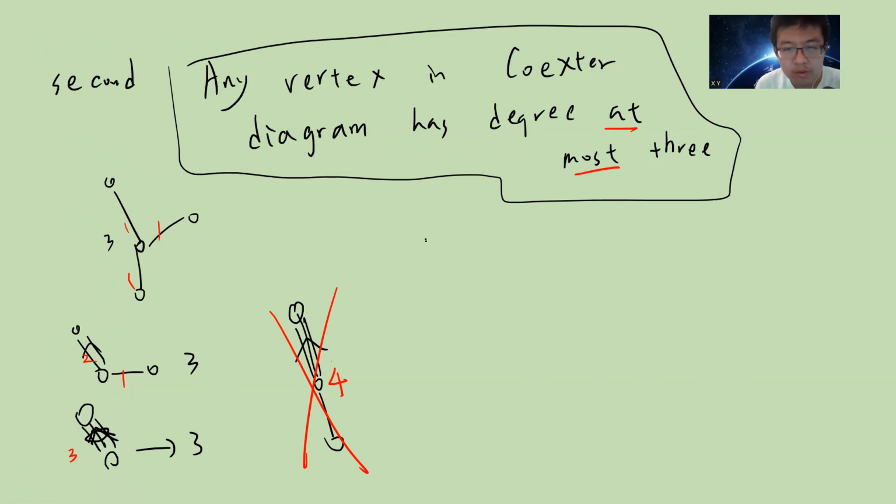Proof. Let's call it V0, and suppose it has neighbors V1, V2, V3, V4, maybe up to Vn. We just calculate the inner products, the sum of ⟨V_i, V0⟩ squared, i from 1 to n.